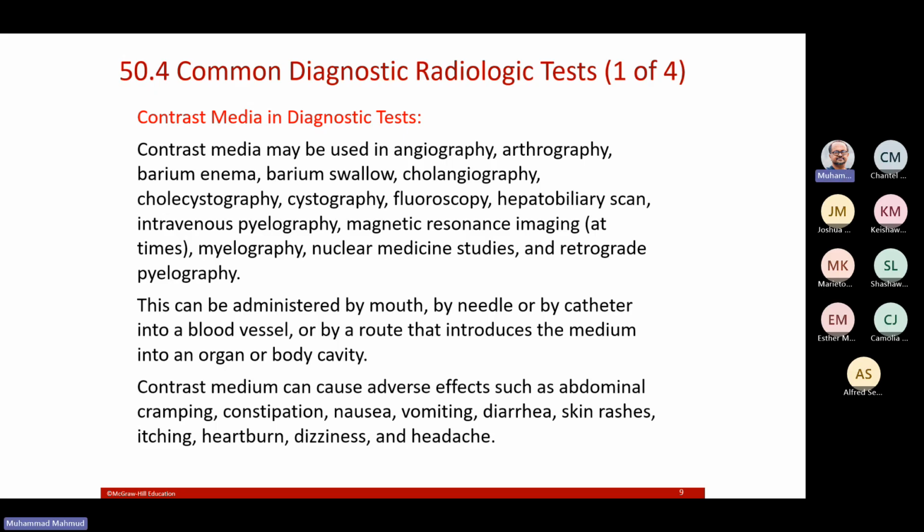It can be also introduced by a route that introduces the medium into an organ or body cavity. Contrast medium can cause adverse effects such as abdominal cramping, constipation, nausea, vomiting, diarrhea, skin rashes, itching, heartburn, dizziness, and headache.